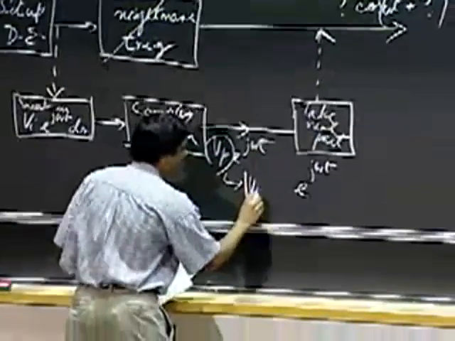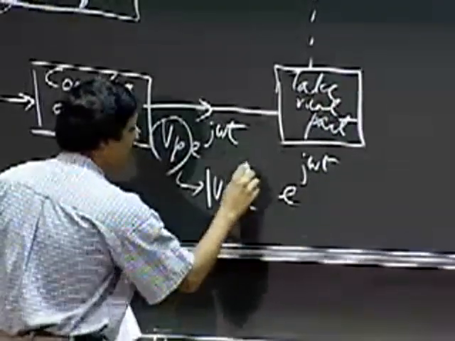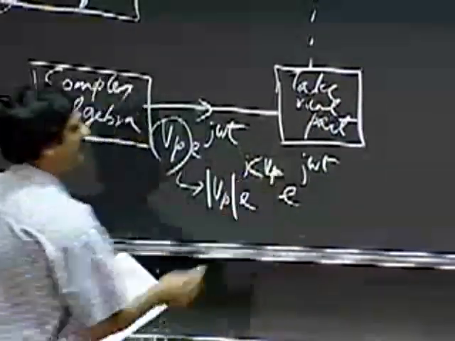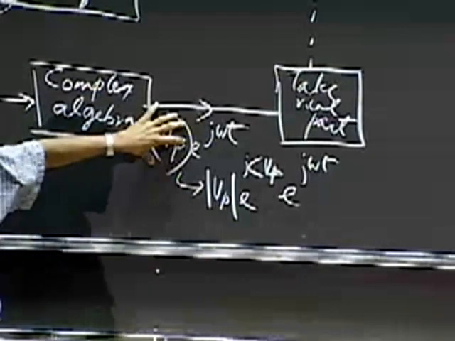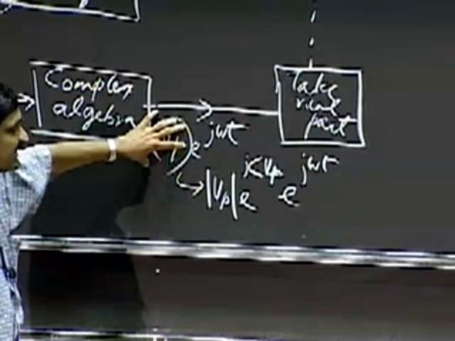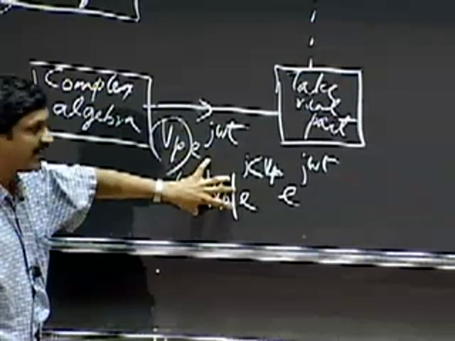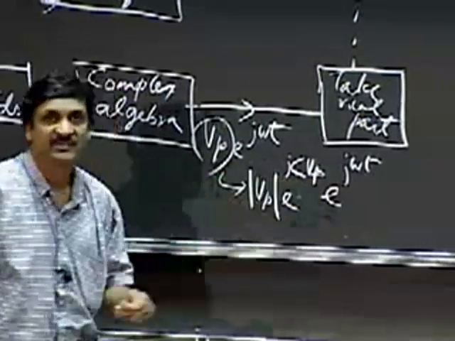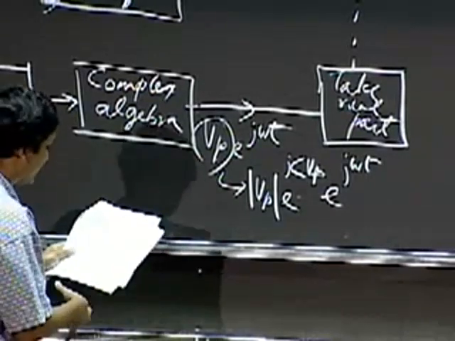So I can say that would be equivalent to |Vp| e to the j angle Vp. Okay, so Vp is a complex number. So if you look at the complex appendix in your course notes, I can represent a complex number as an amplitude multiplied by e raised to j times some phase. Okay, it's simple complex algebra.